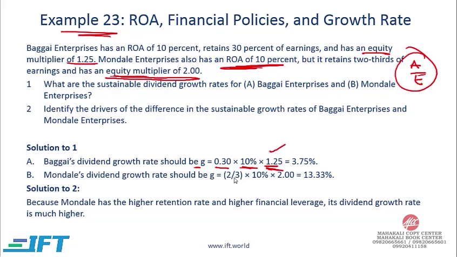Second company has a higher retention ratio of 66.66%. So that's what we use here. Into what's 10%? That is the same ROA, but the leverage is higher. So notice that the ROE for the second company, Mondale, is higher for 2 reasons. One is the higher retention ratio and the higher leverage, or as they call it, the higher equity multiplier.